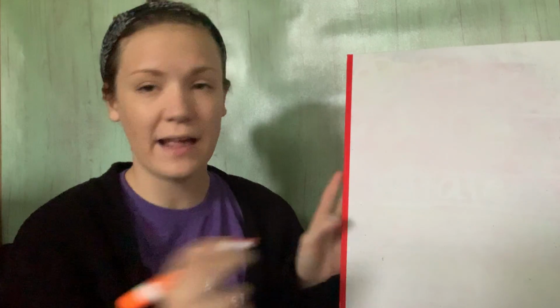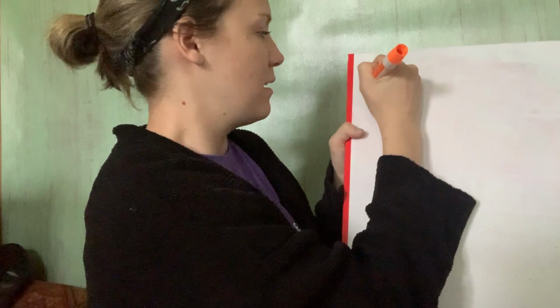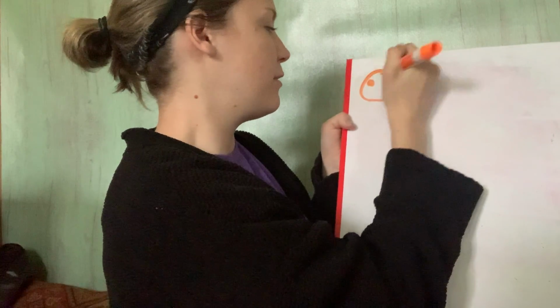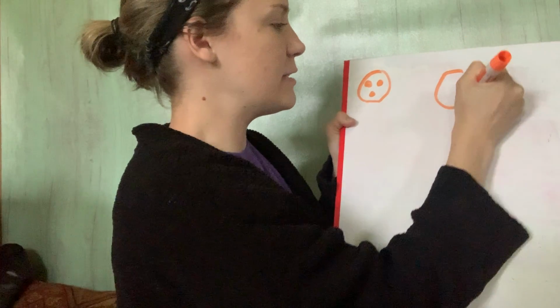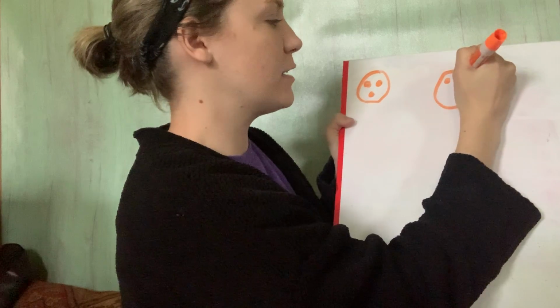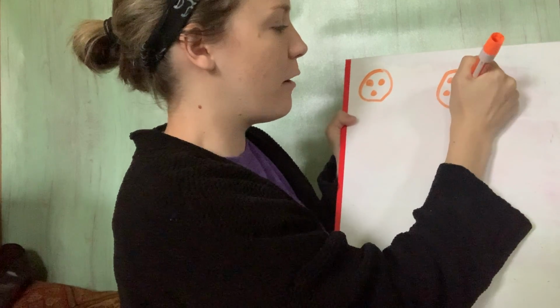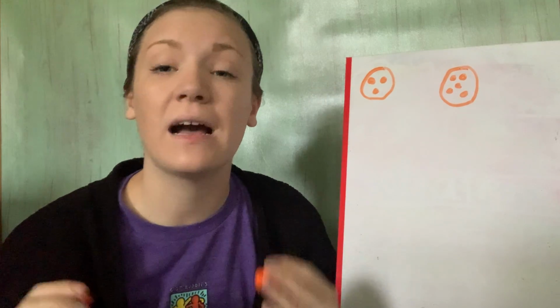So let's say that in this circle, I have 3 fish. 1, 2, 3. But in this circle, I have 5. 1, 2, 3, 4, 5. All right. Now, I'm the shark, and I'm big and hungry.